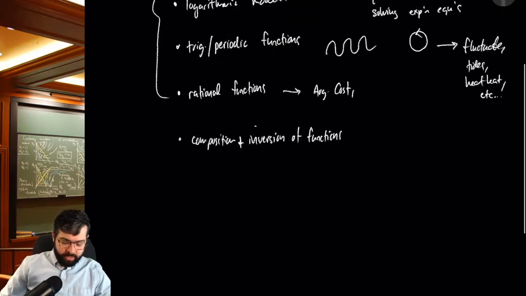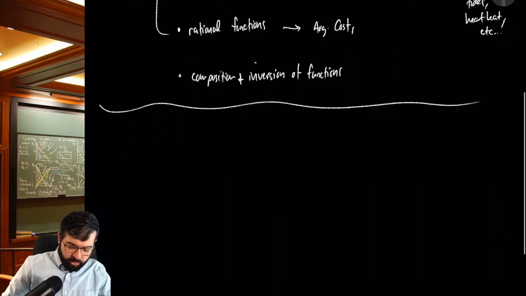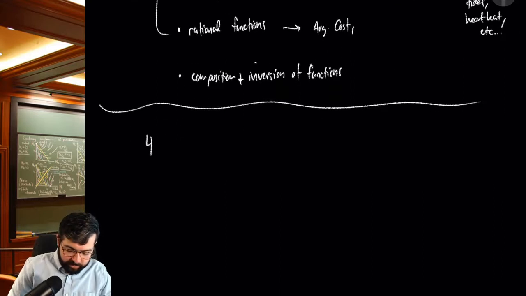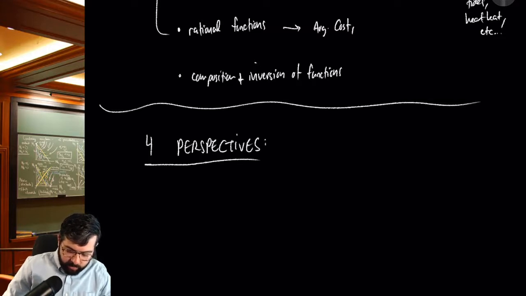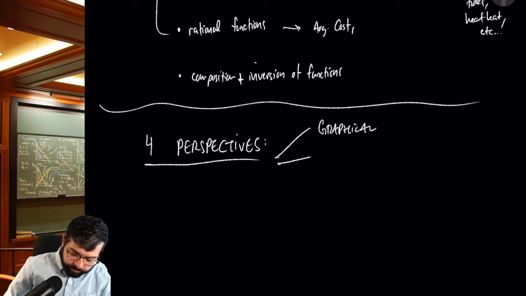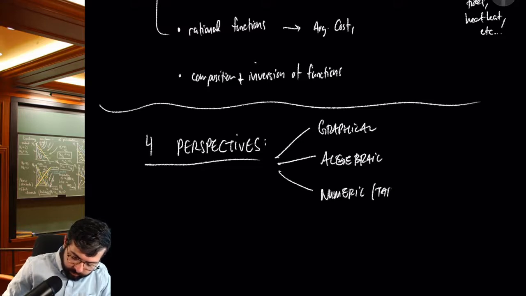Again, just like in our other courses here, we look at things from the 4 perspectives. And these are things that you're going to want to weave through the entire class for yourself, which are graphical, algebraic, numeric or using tables, and verbal.